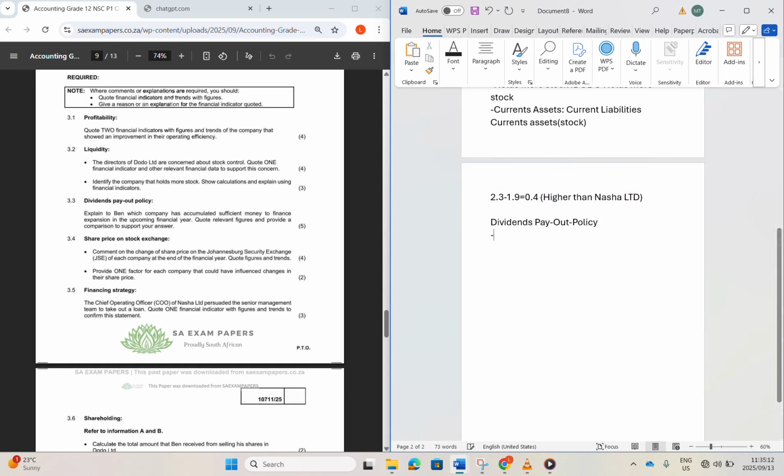It means at what rate of our profits do we pay our shareholders, like the percentage amount of our profit that goes to our owners, our shareholders.